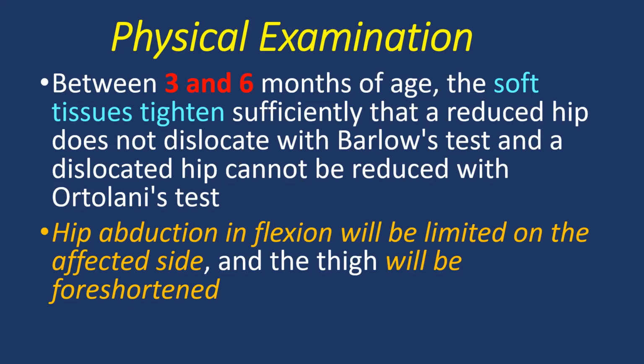Because the tissues become rigid. They contract, and therefore everything remains in its place. If you have a hip in the acetabulum, it will be fixed and you cannot dislocate it, so you cannot do a Barlow's test. And if you have a dislocated hip, all the muscles around the hip are contracted, and if you try to reduce it, it will not reduce.